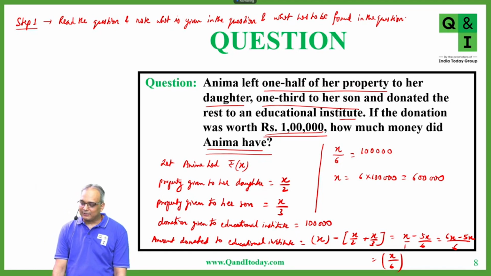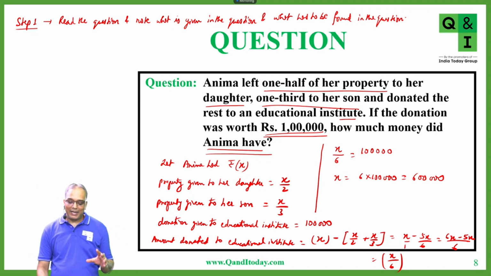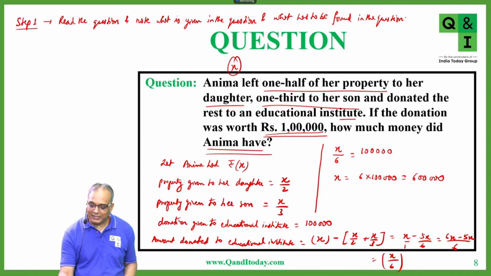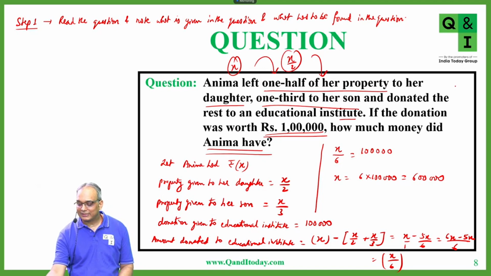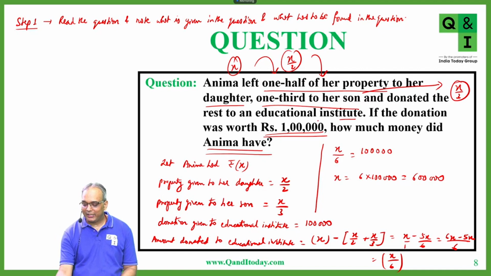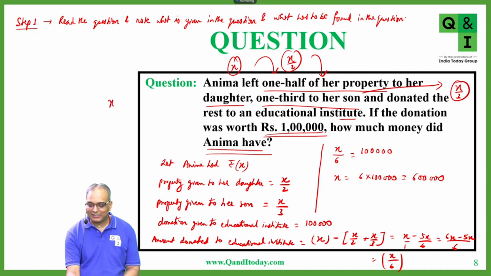I'll once again explain it. So Anima had X rupees initially. She left 1/2 of her property to her daughter, that is X by 2 to her daughter, 1/3 to her son, so X by 3 to her son, and donated the rest. So what is the rest amount? X minus X by 2 plus X by 3. So X minus 5X by 6.